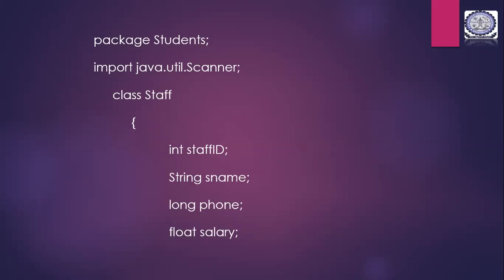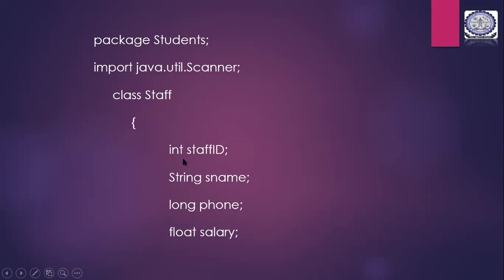So here we are defining a class Staff, which is the super class, and we are having the data variables. So we say staff ID, staff name, that is S name, and phone number and salary. We have taken a long data type for phone number because it has 10 elements in it.